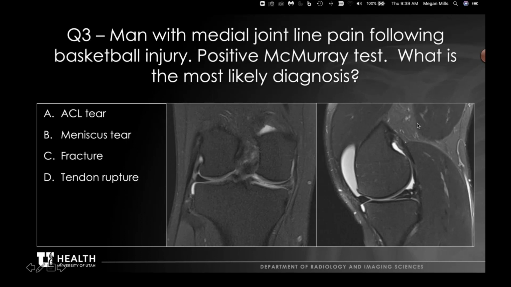This patient had some medial joint line pain following a basketball injury. They had a positive McMurray's. What is the most likely diagnosis?